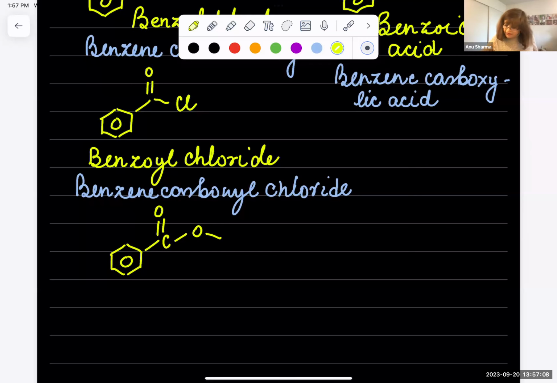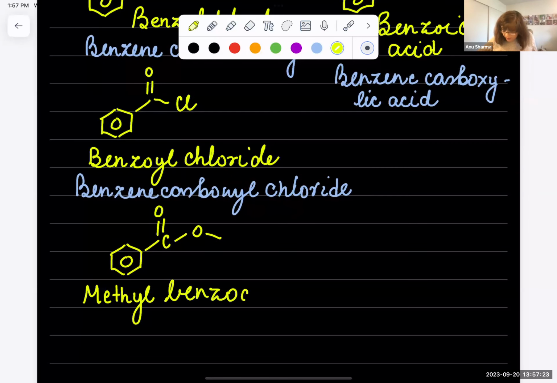This is methyl benzoate. Methyl, because you have a methyl group there. It can be ethyl, isopropyl, butyl, any group. Methyl benzoate, B-E-N-Z-O-A-T-E, okay?